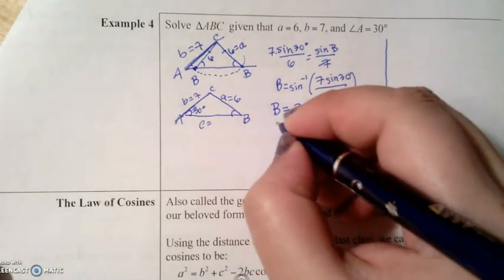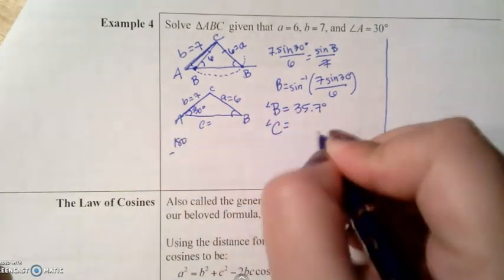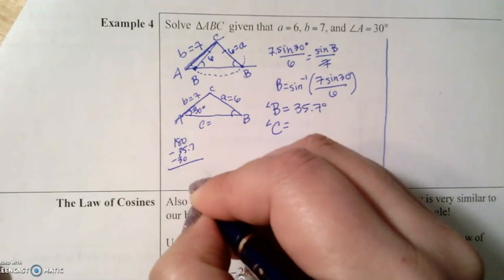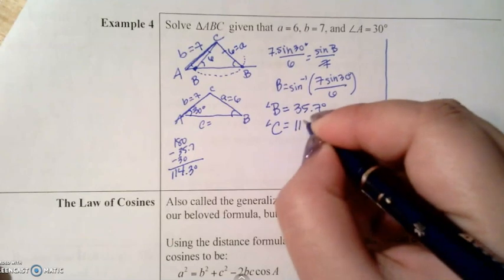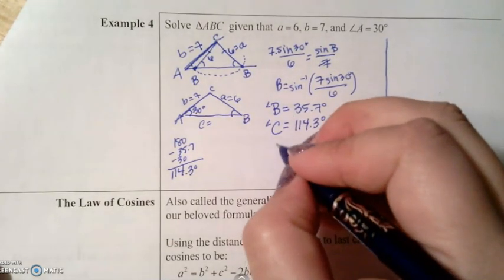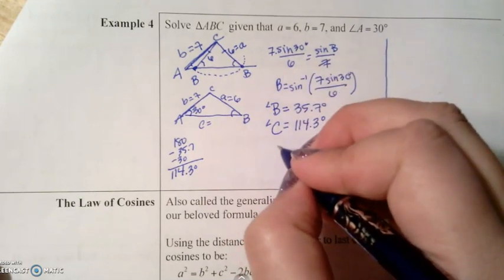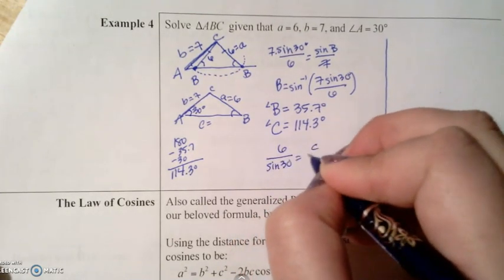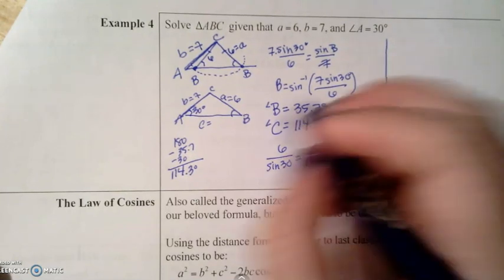Then to find angle C is 180 minus 35.7 minus 30. We find that angle C is 114.3 degrees. And then finally side C. So we're going to use the side that we were given both pieces of information for, which is A. 6 divided by sine of 30 equals C divided by sine of 114.3.